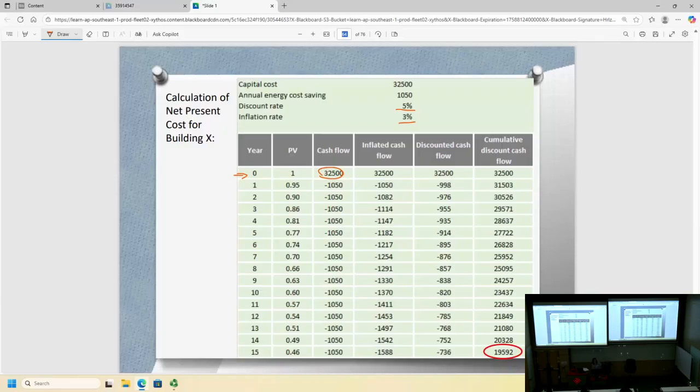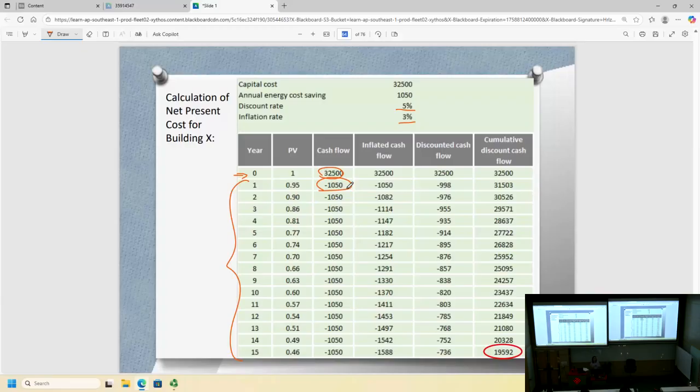And then in the coming 15 years, we can save this amount of money every year. This is the annual saving by the reduction of natural gas consumption, right? So every year we can save this amount of money.